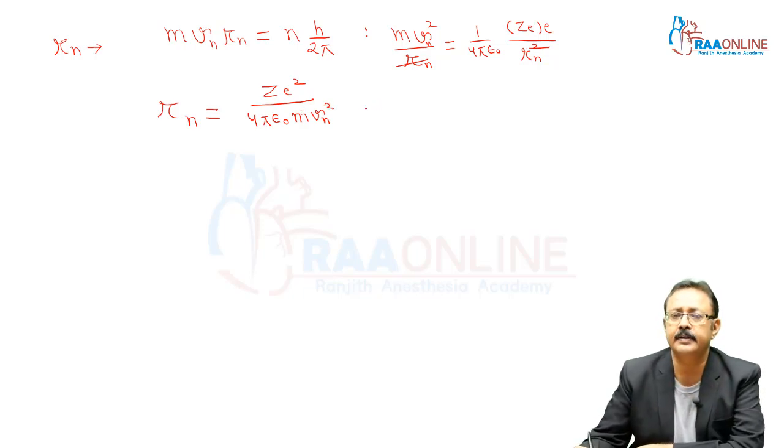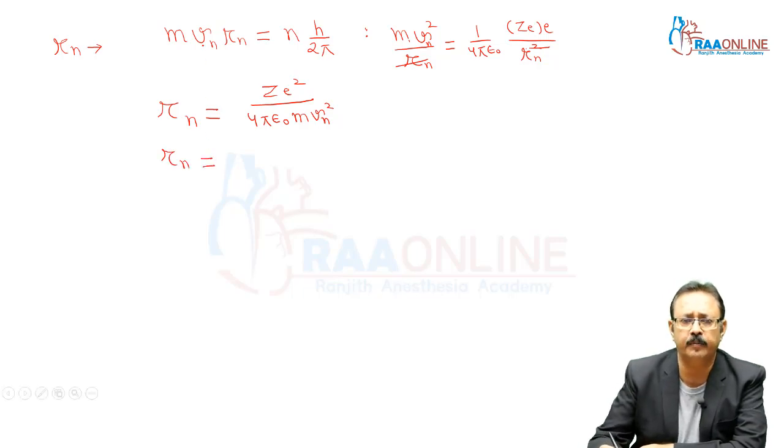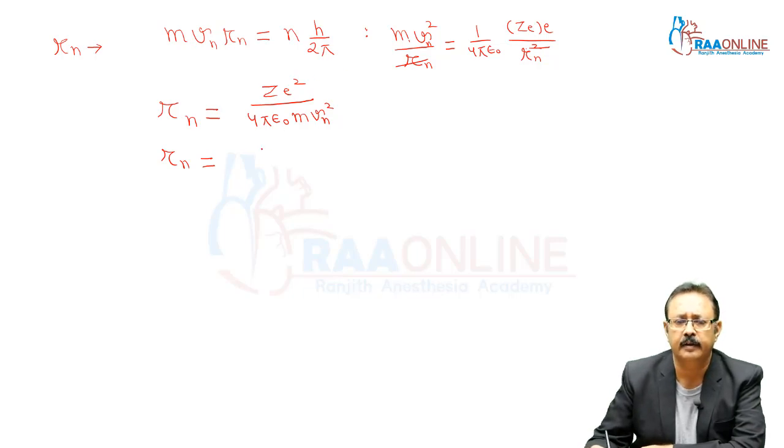So we are getting this. So by putting the value of Vn from this, what are we getting? Ze square upon 4 pi epsilon naught m.